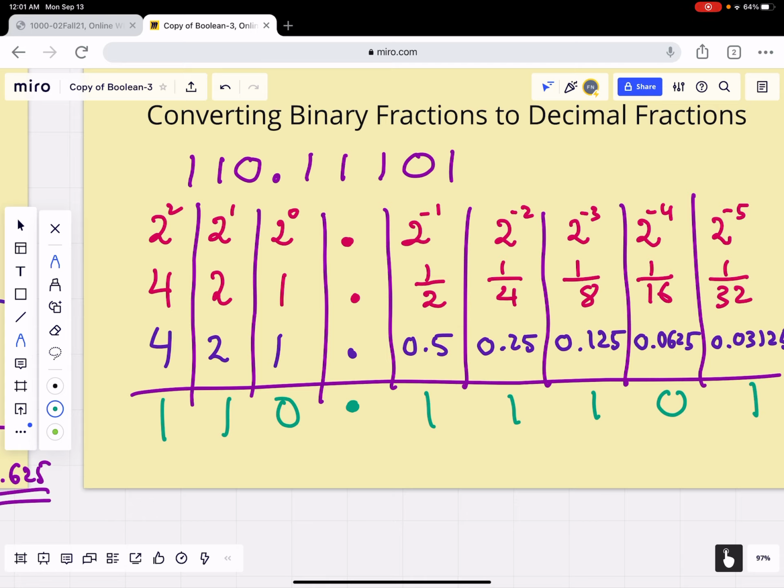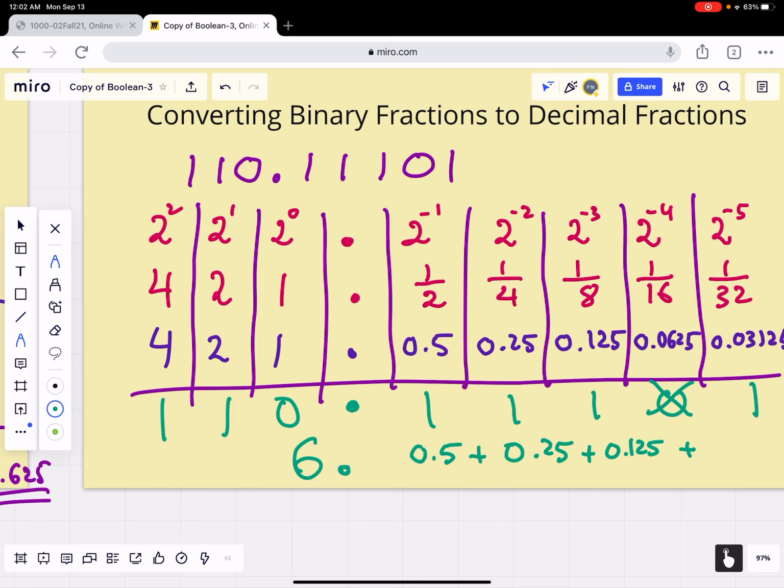All right, so in this case, you know that 4 plus 2 equals 6, 6 plus 0 equals 6. So write out 6 point right here. Now the first one is 0.5, I add 0.5. Second one I add with 0.25 and add with 0.125. 0, I don't have to worry about that, so I'm gonna cross it out.